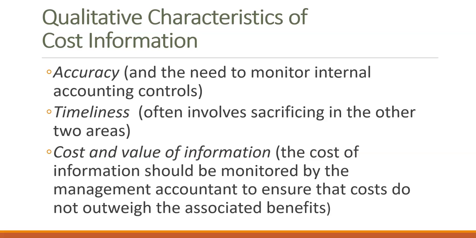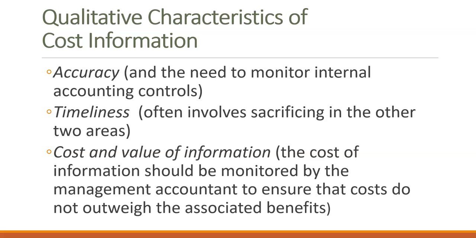This is how we end up with so much information in that indirect category or overhead, because trying to measure and control those overhead costs outweighs the associated benefits of knowing that. So we spend our time instead on allocating those costs.